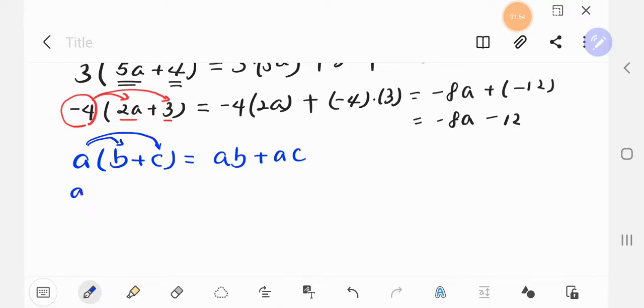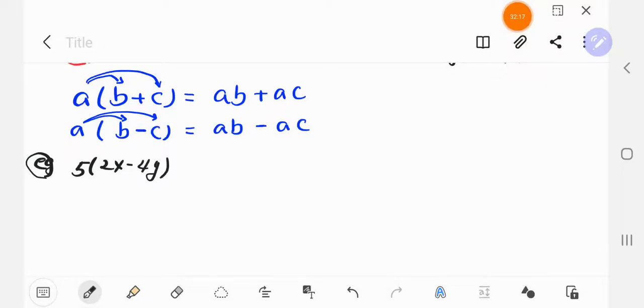How about the subtraction? a times b minus c. Then do the same thing. a times b, so ab, and then the minus sign stays here, so ac. Can you see it? So minus a times c, right?